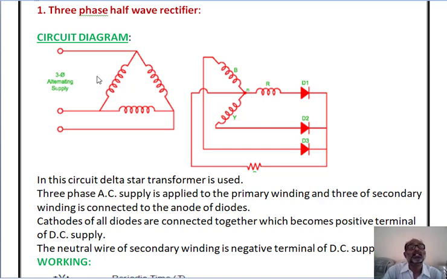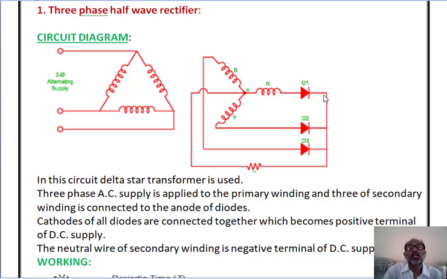Now 3-phase AC supply is applied to the primary winding, and the secondary winding terminals are connected to the anodes of the diodes. Here you can see the R terminal is connected to the diode D1, Y terminal is connected to the diode D2, and B terminal is connected to the diode D3.